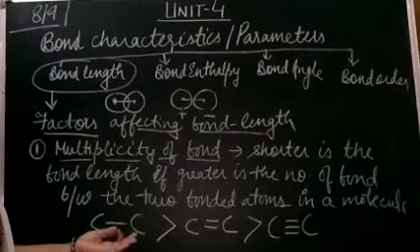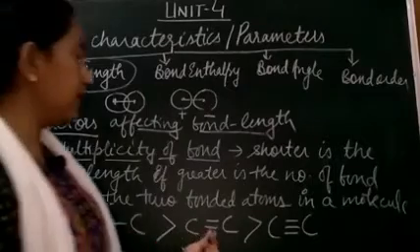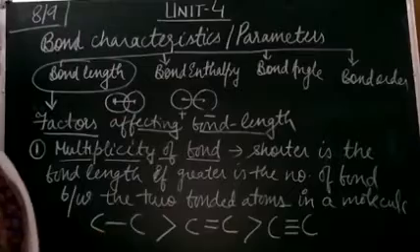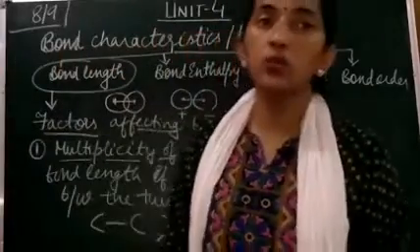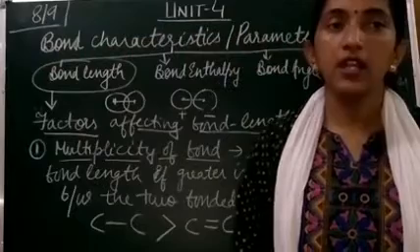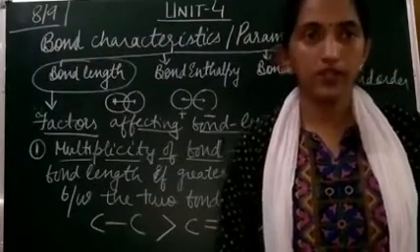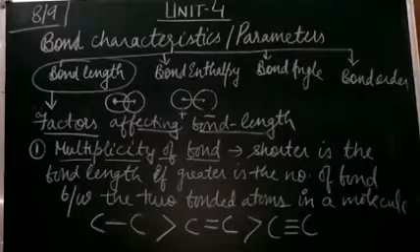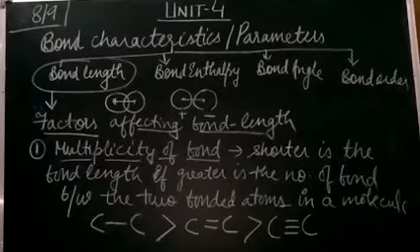We can simply consider the alkane, alkene and alkyne, right? So the bond length in the alkane is going to be more because here the two bonded atoms are held by a single bond, right student? Now this is the first factor on which the bond length is going to depend.